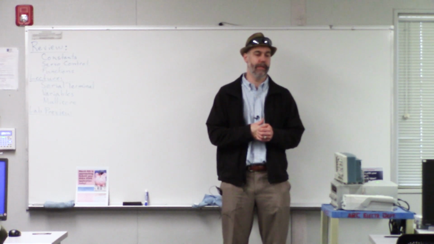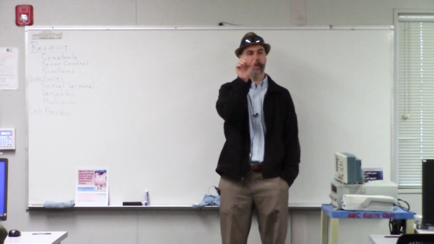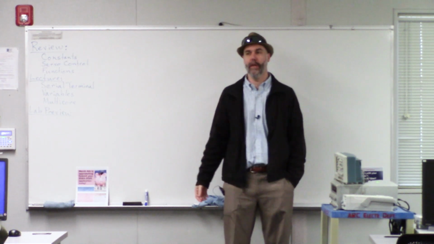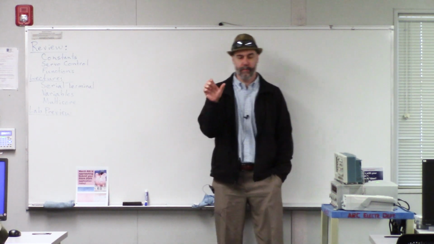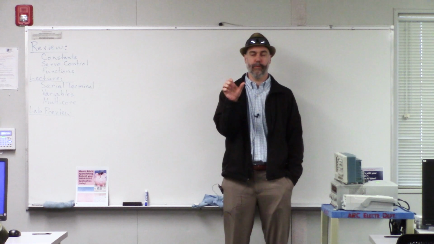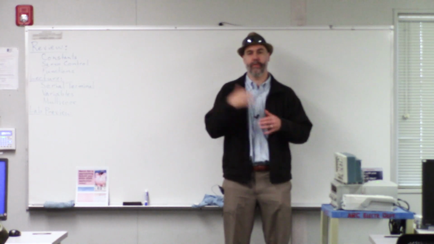What you can do is right at the beginning of your program, you can say left motor pin equals 16, and then anywhere in your program where you want to talk to your left motor pin, you just put in the constant that you defined, left motor pin. So that way you say send pulses to left motor pin.